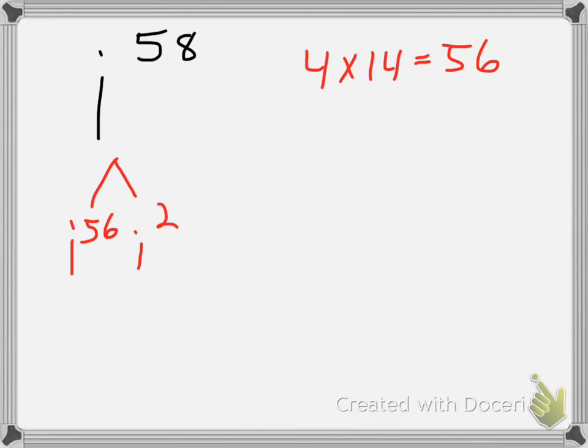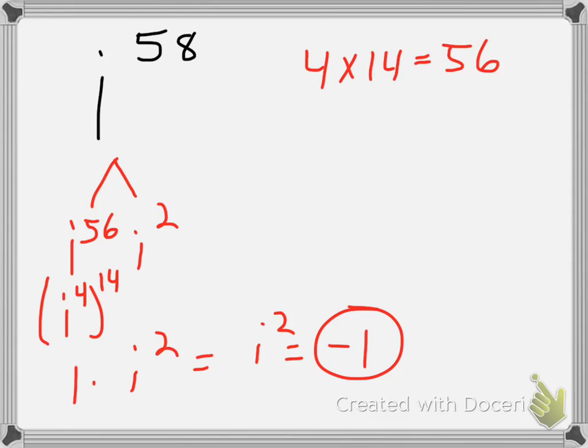Now, like before, since this is i to the 4th raised to the 14th, it doesn't matter, because this is saying 1 to the 14th, which is always going to be 1. Times my i squared, which means my answer is i squared, or I'll make this a -1.